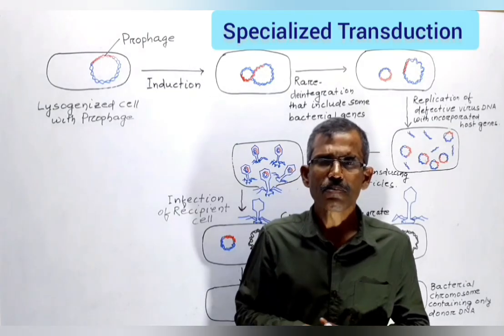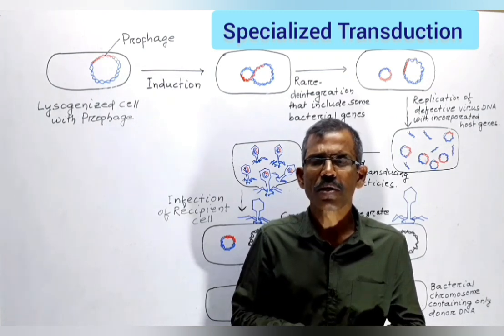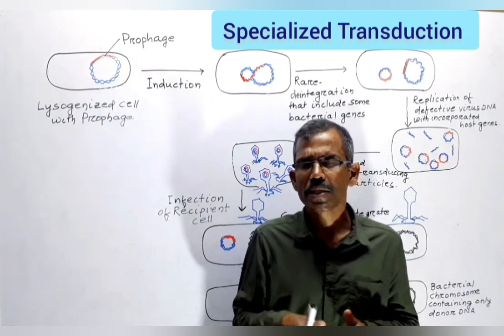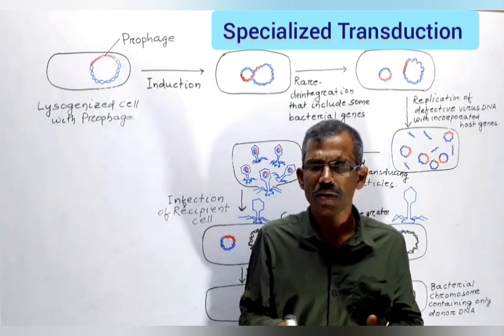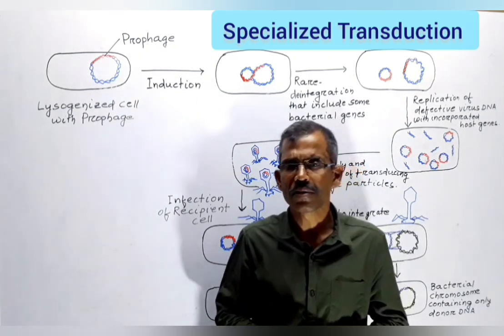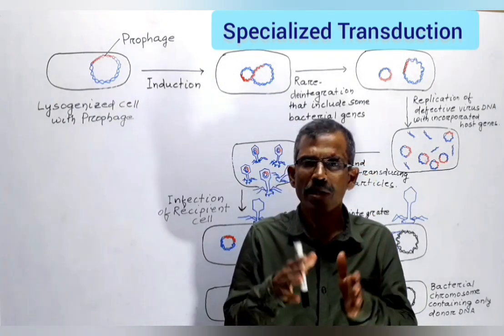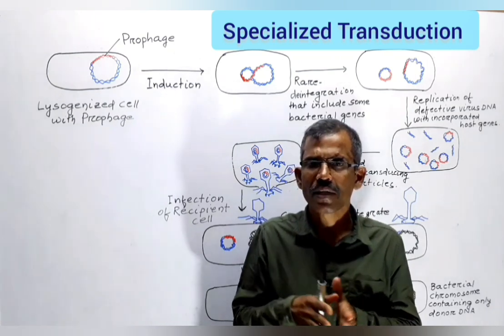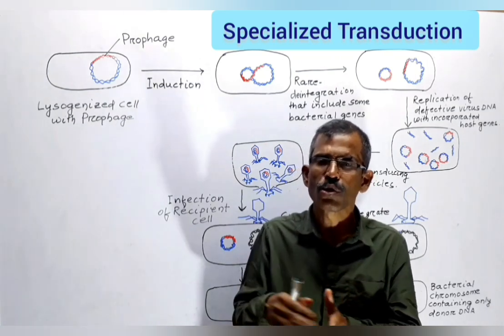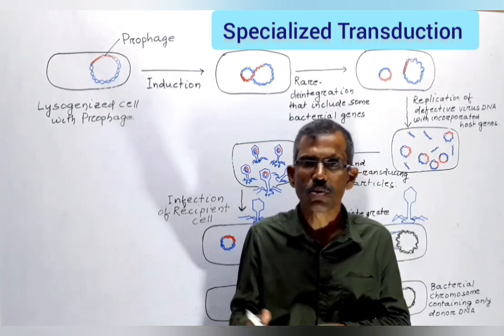The second type of transduction is specialized transduction, in which only specific portions of the bacterial genome are transferred by transducing phages. Specialized transduction occurs due to an error in the lysogenic life cycle of phages that insert their genome into a specific site in the host chromosome.